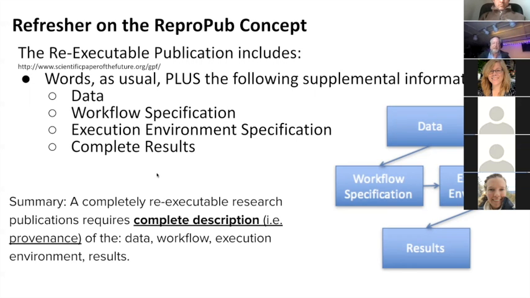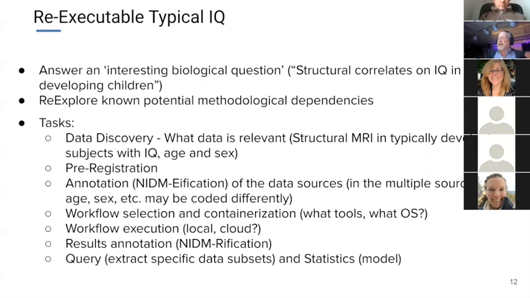And the idea is that a completely re-executable publication requires the complete description, the complete provenance of the data, workflow, execution environment, and results. So that's the concept that we're trying to work from, and trying to put these together into a more practical, real world example here.